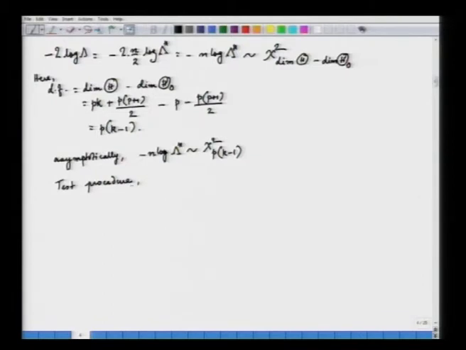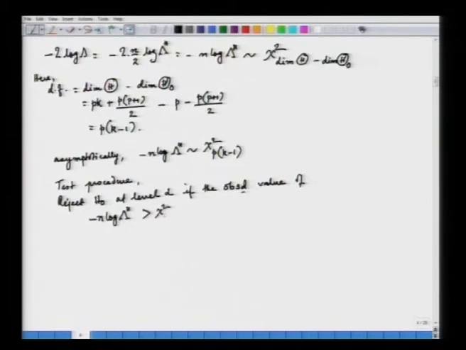So, the test procedure is to reject H naught in favor of H A at level alpha if the observed value of minus n log lambda star, or minus 2 log lambda, whatever you consider, is greater than chi square p k minus 1. This is the cutoff point.